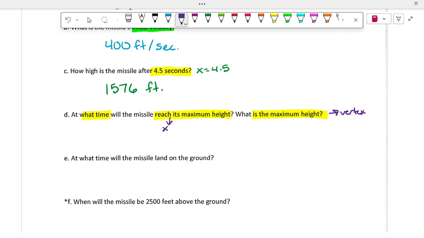The x. So the actual maximum height, I use the y. So it takes 12.5 seconds to reach a height of what? 2,600 feet.